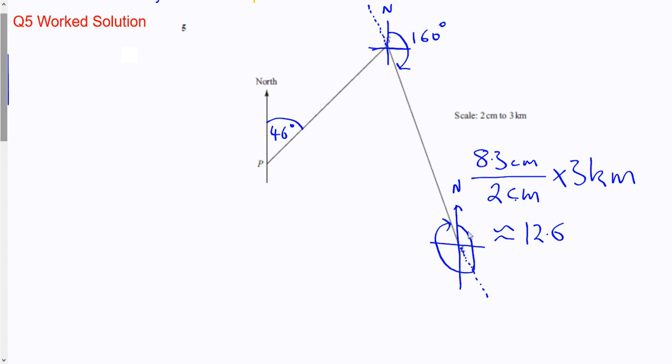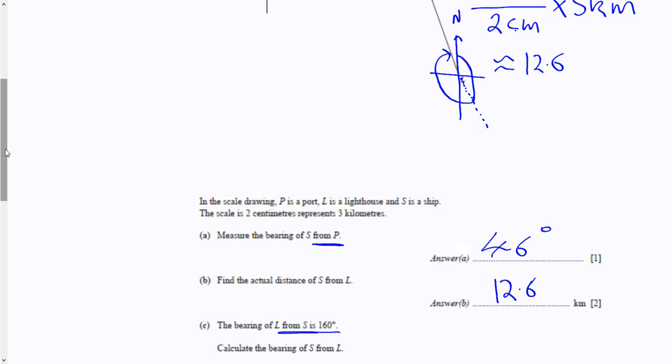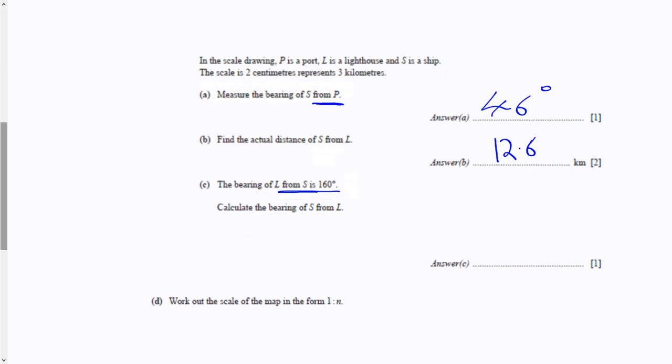So we've got our 160, and then we're going to add 180. So down here, this is going to be 160 degrees plus 180 degrees, and that will be equal to 340 degrees.